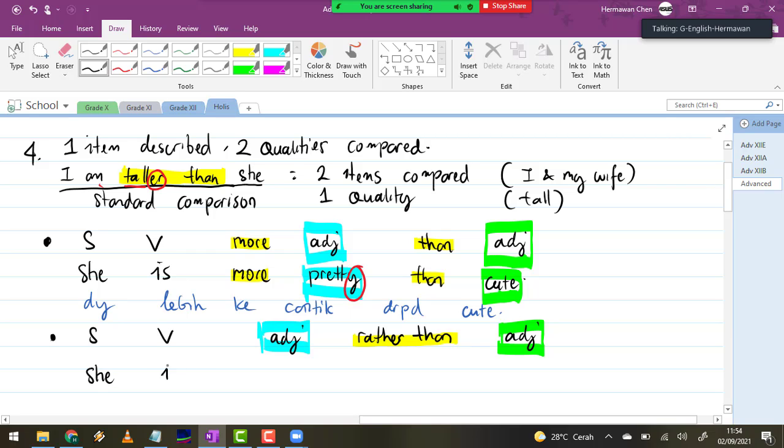The subject is the same, she, the verb is the same, is. What is the first adjective? The blue one? Pretty, right? Let's use it. And then we use "rather than". And then we use the second adjective, cute. That's it. What about the meaning, guys? The meaning is the same as above. Ya, it's exactly the same. Dia lebih cantik daripada cute.